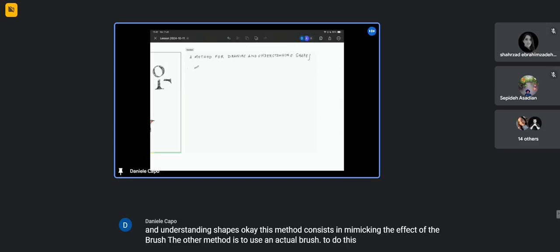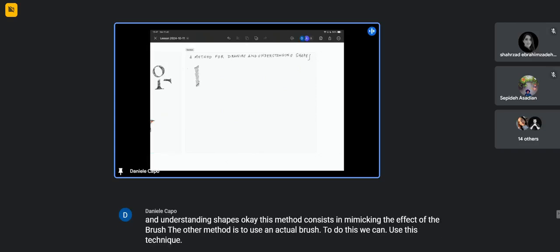To do this, we can use this technique of using small lines that represent the front of the brush as it moves along the path.